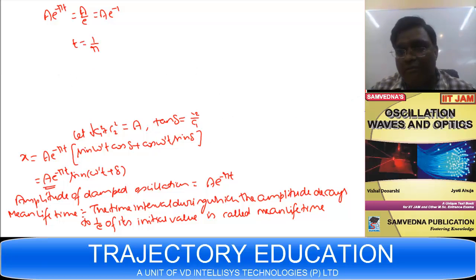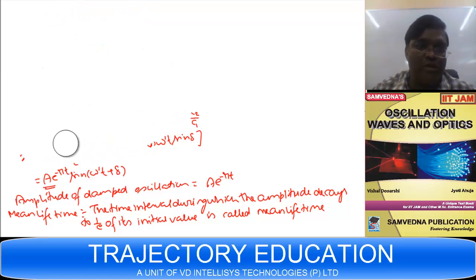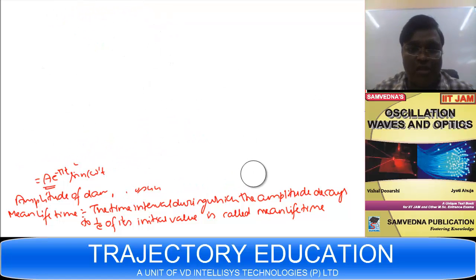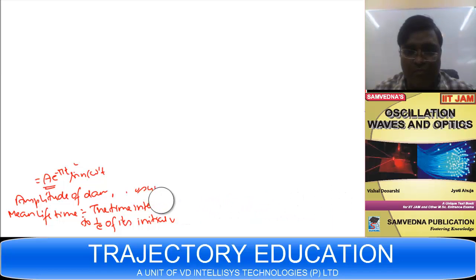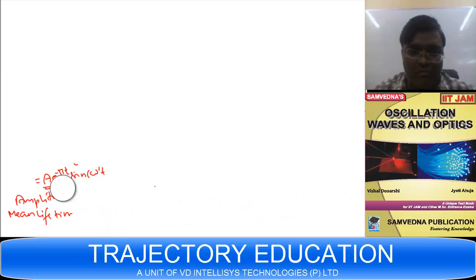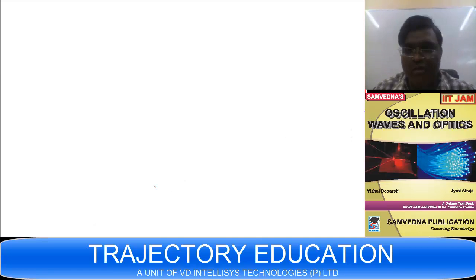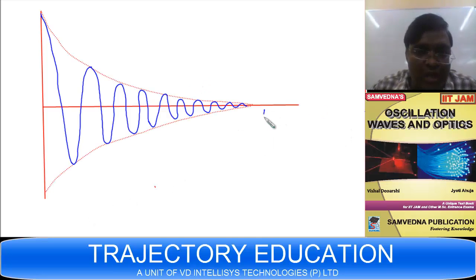I'll draw the graph showing how x is varying with time. This is how x varies with time in case of light damping.